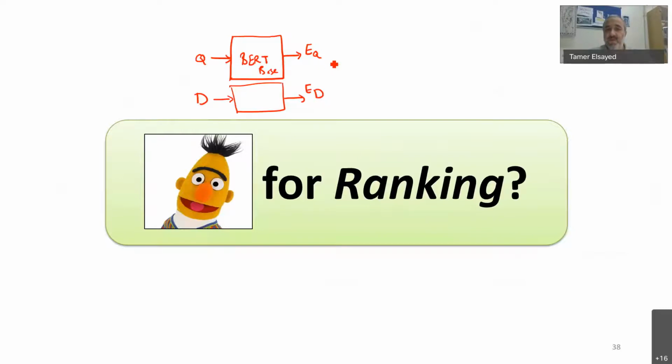And then I compute something like cosine similarity between these, and that will be the similarity score between Q and D. And if I repeat that for several documents, then I can rank those documents given these similarity scores. Is that what you said, Ahlam?